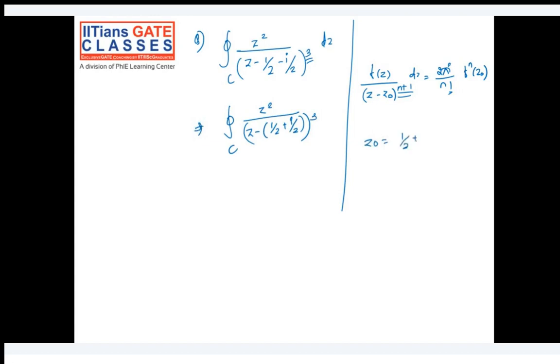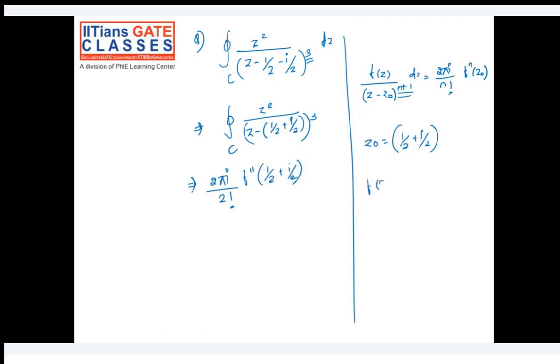Using the formula, it will be 2 pi i by n factorial, n is 2 here, so 2 factorial, times f double dash of z naught. What is f of z here? z square. What is f of z naught? It is 1 by 2 plus i by 2.